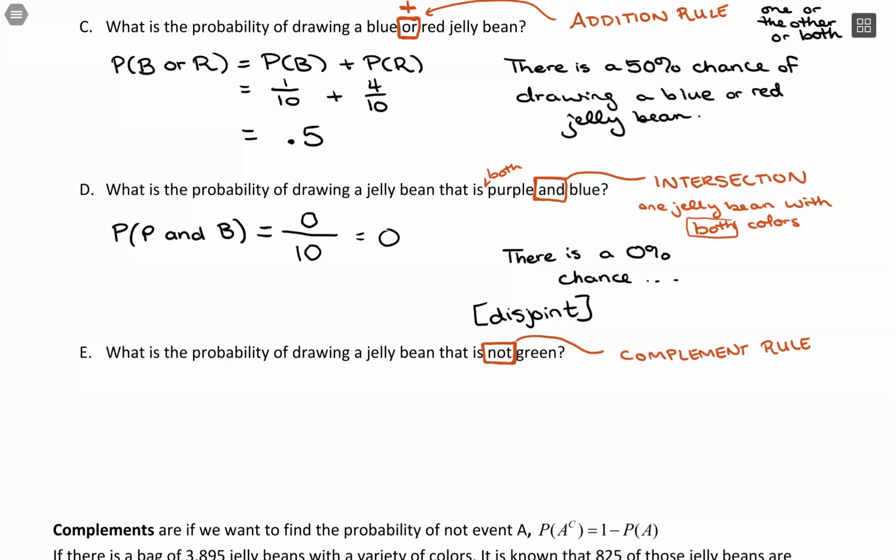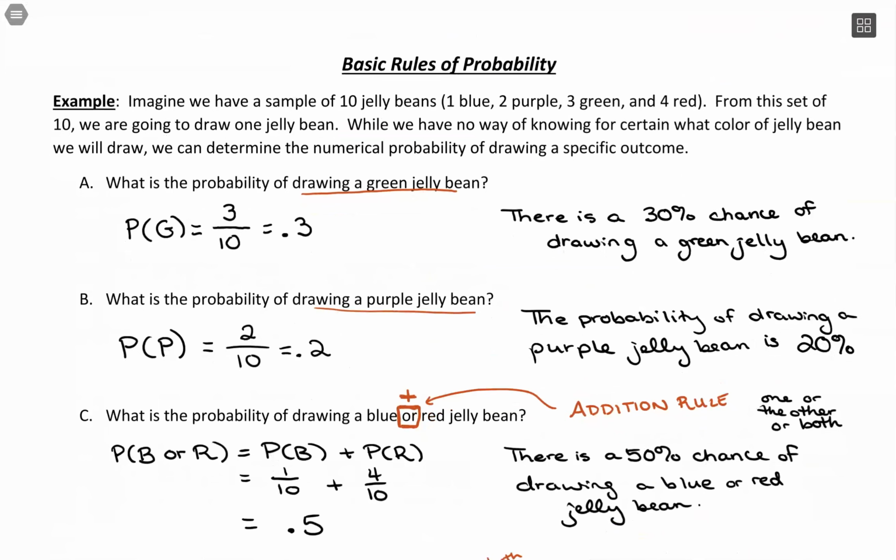I'll describe the way that a lot of students think about this question. So like probability of not green. Well, if we go back to our sample space here and think about all of our different values, saying not green is the same thing as what's the probability of drawing a jelly bean that's blue or purple or red. So you might be thinking in terms of adding those up, thinking 1 plus 2 plus 4.